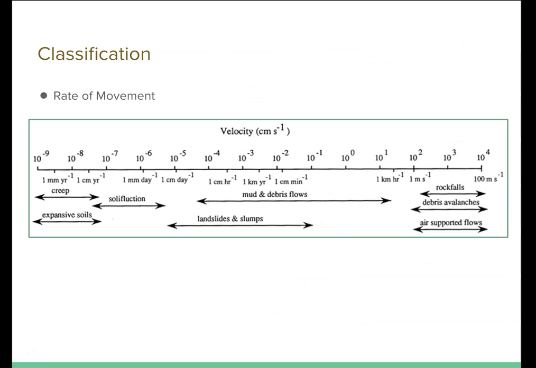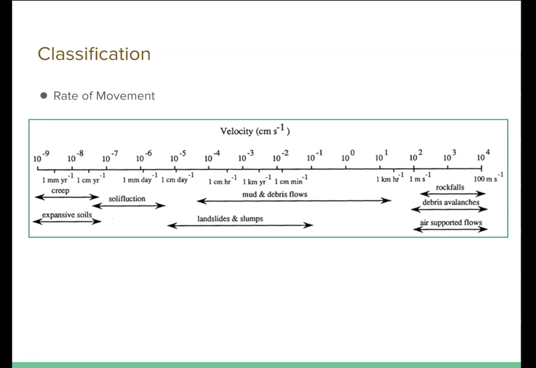We can also look at the rate of movement, and some classifications actually use the rate of movement, but what we're going to find is specific types of movements can vary in velocity quite a bit. You can see creep is on the order of 1 millimeter to a centimeter per year. And so that's really, really small.